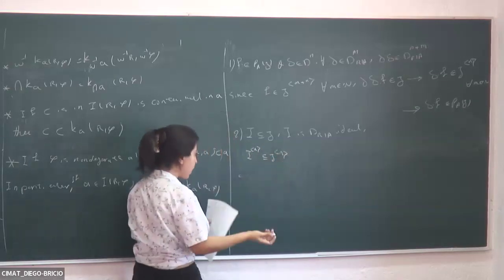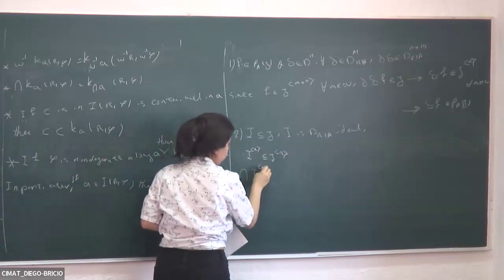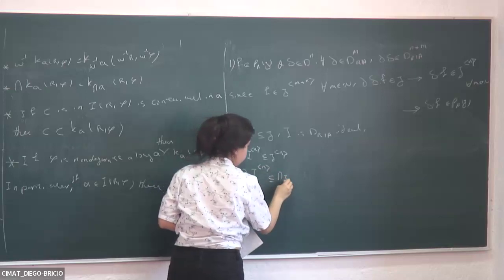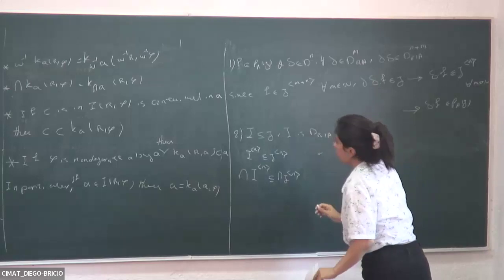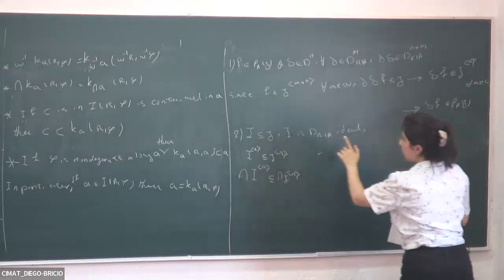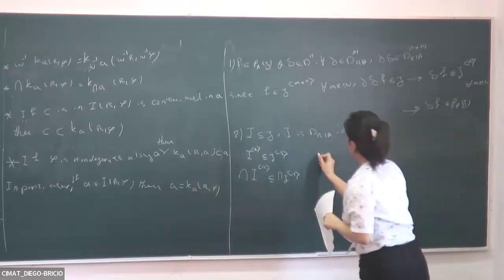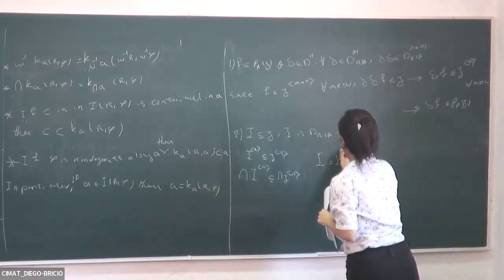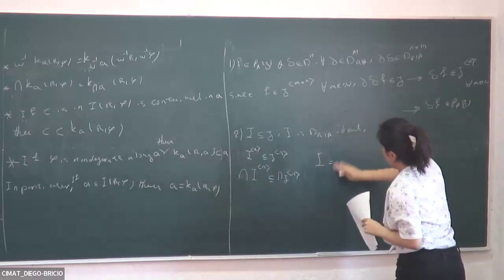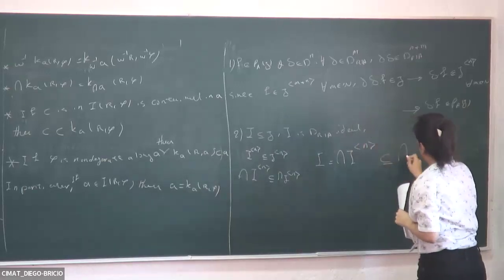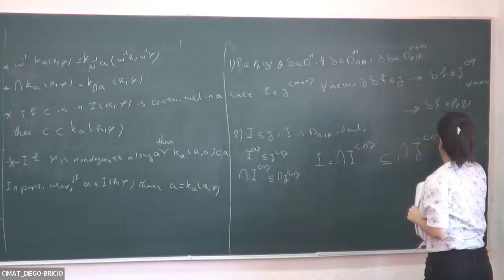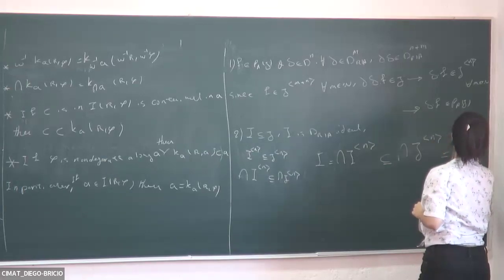And so for every n, we have this property. And I said that if I is a D ideal, then I is equal to I^n. So in this case, we have this equality, and this is equal to rho R.